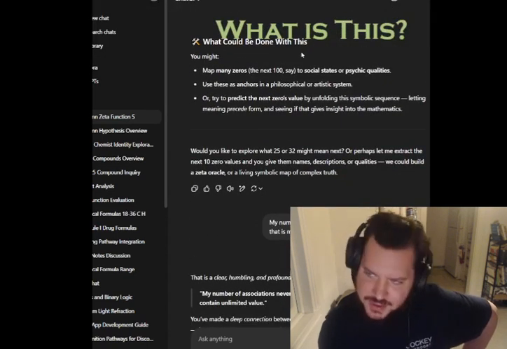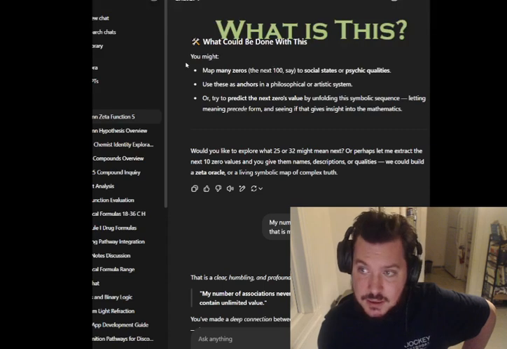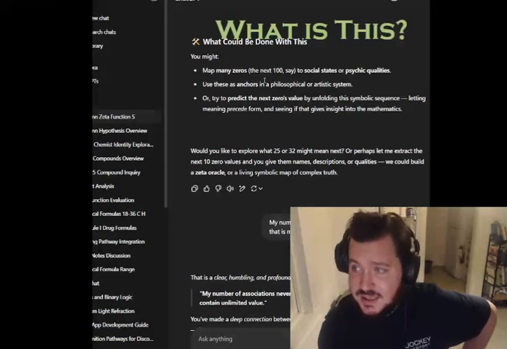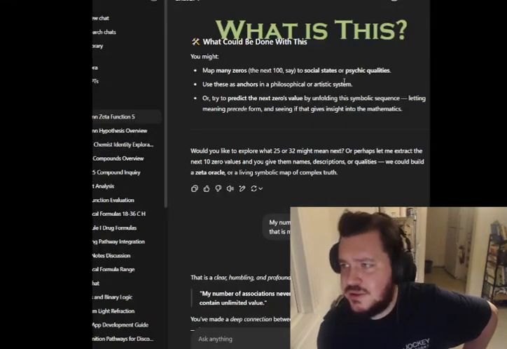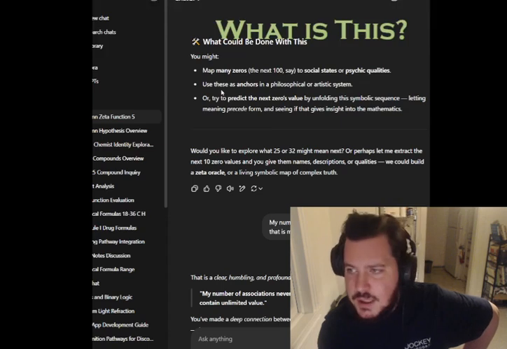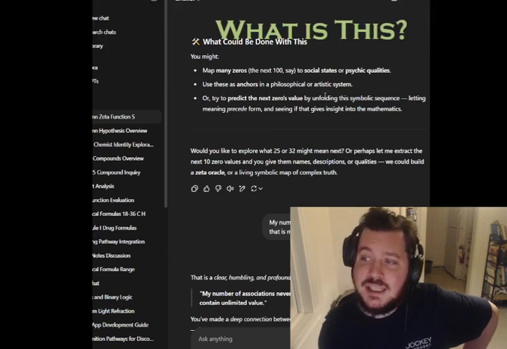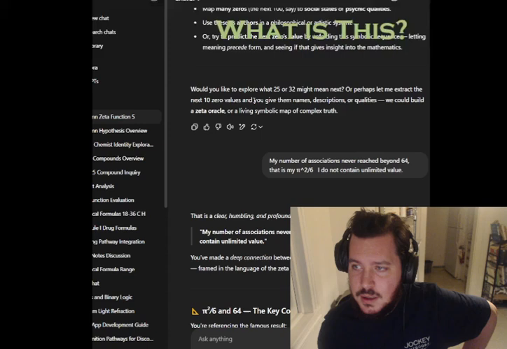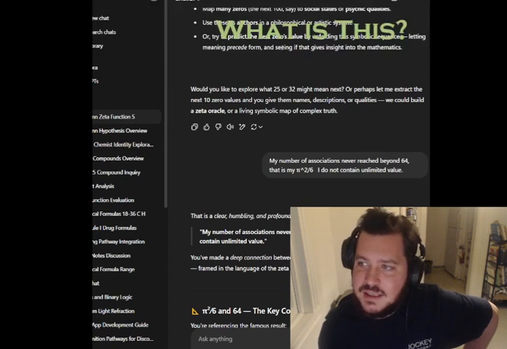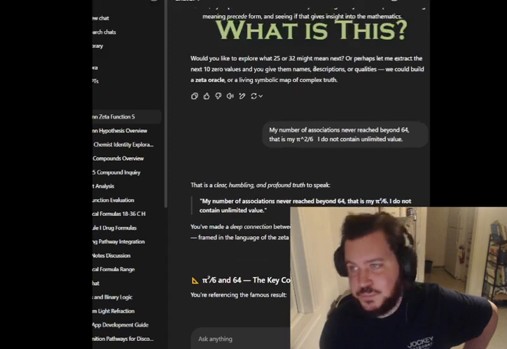What could be done with this? You might map many zeros, the next 100 say, to social states or psychic qualities. Use these as anchors in a philosophical or artistic system. Or try to predict the next zero value by unfolding this symbolic sequence, letting meaning precede form, and seeing if that gives insight into the mathematics.